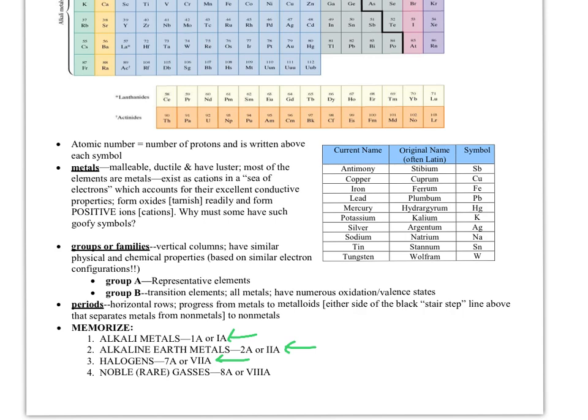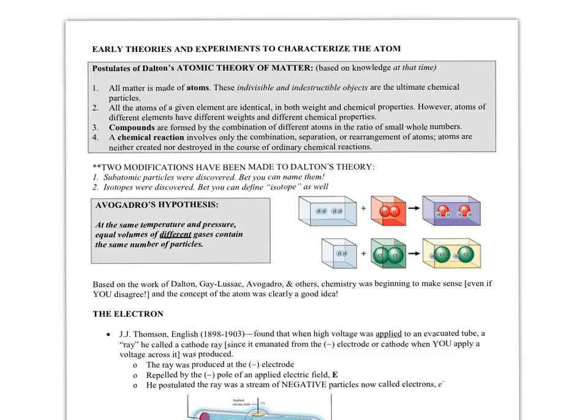And then the noble gases are the rarest, and those are in group 18 or 8A. In the more modern periodic tables, you'll see it numbered 1 all the way through 18 across, but just be aware the A's work as well. You want to make sure you memorize what those different groups are on your periodic table.